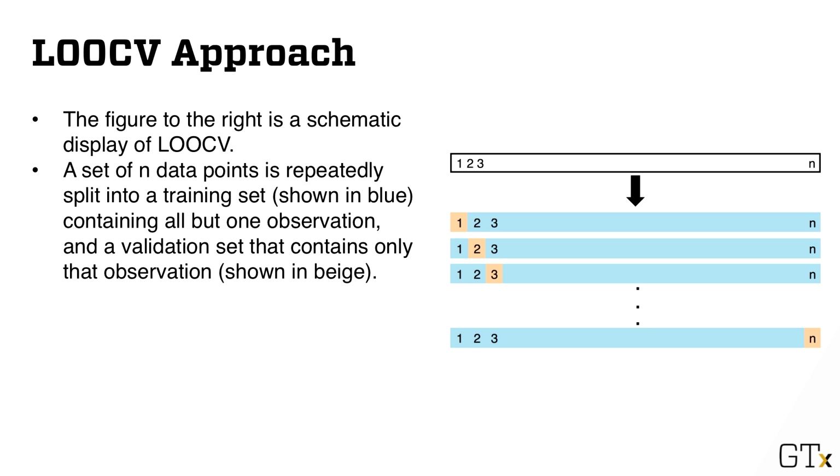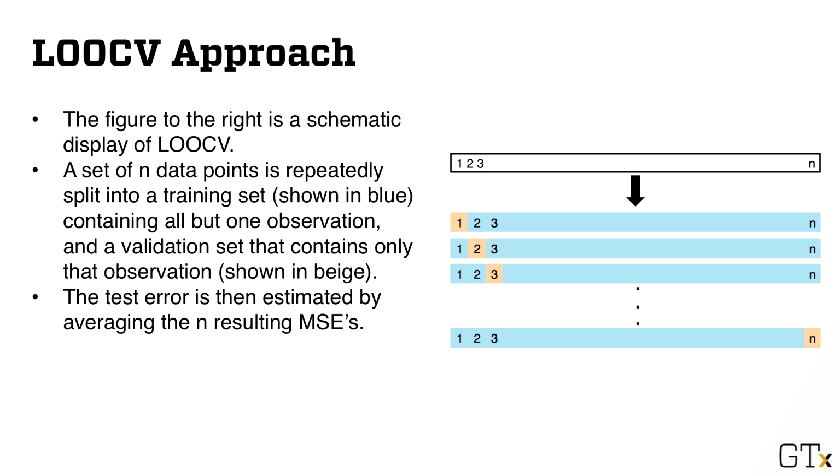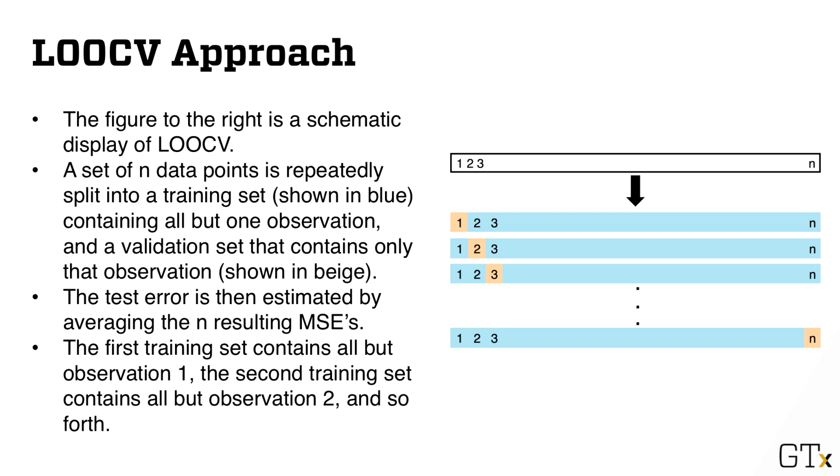A set of n data points is repeatedly split into a training set shown in blue containing all but one observation, and a validation set that contains only that observation shown in beige. Then the test error is estimated by averaging the n resulting mean square errors. The first training set contains all but observation 1, the second training set contains all but observation 2, and so on.